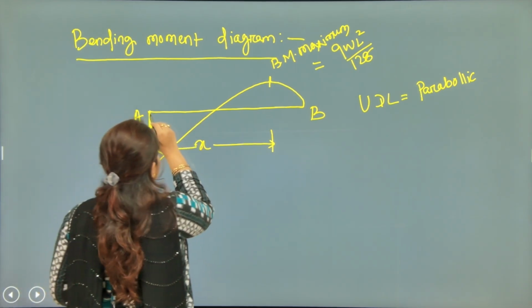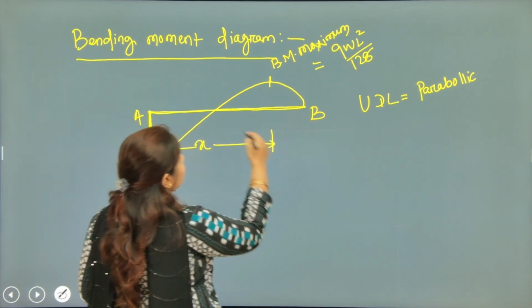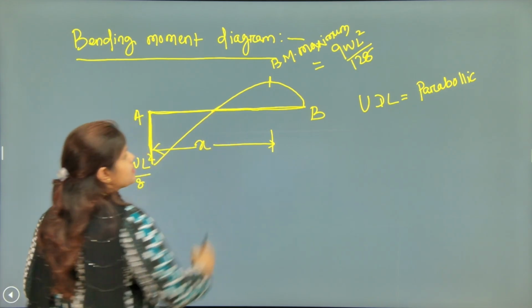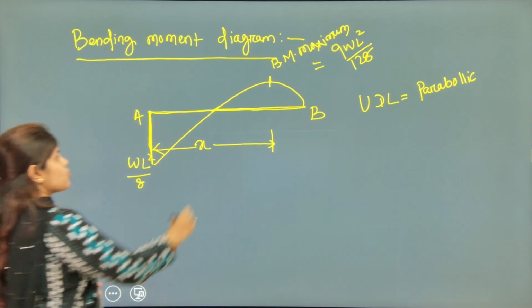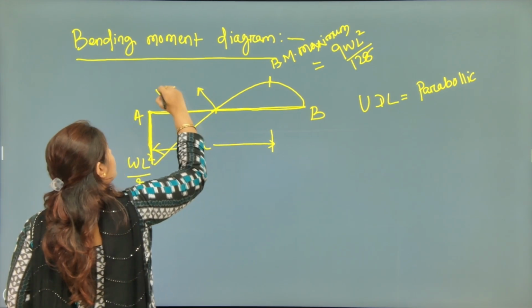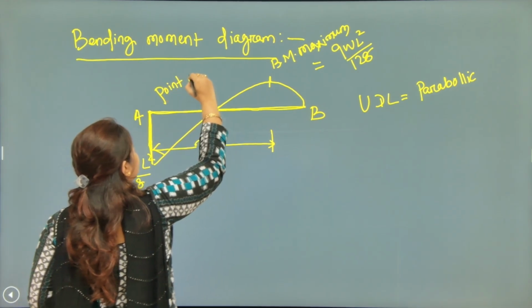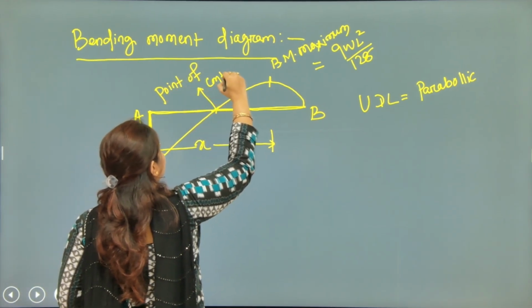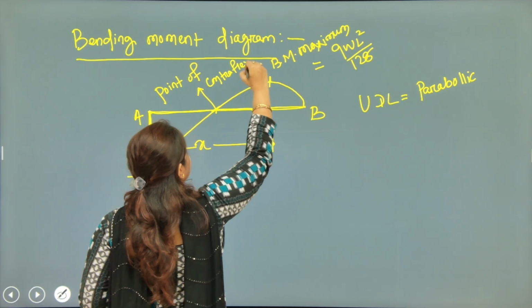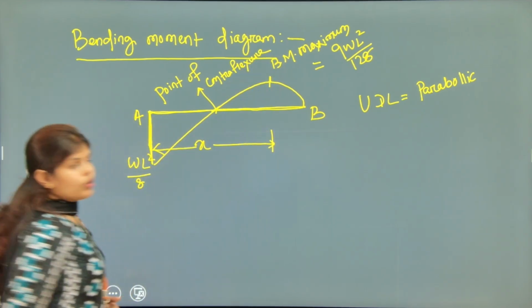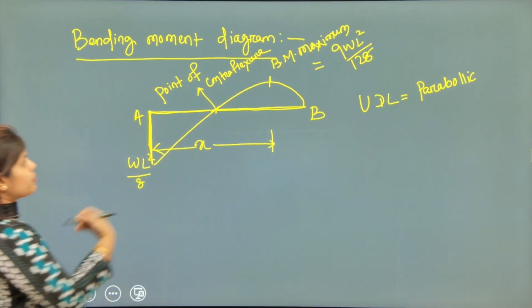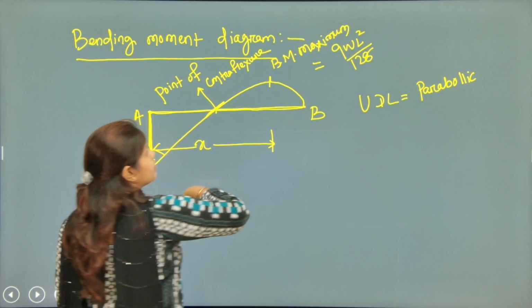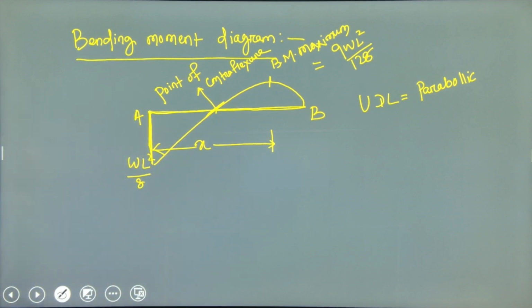When the bending moment diagram is crossing this beam, that is known as your point of contraflexure. This point of contraflexure we will take in another class.